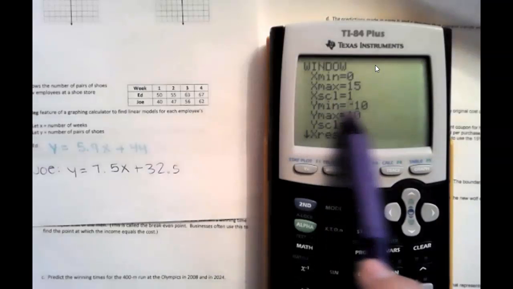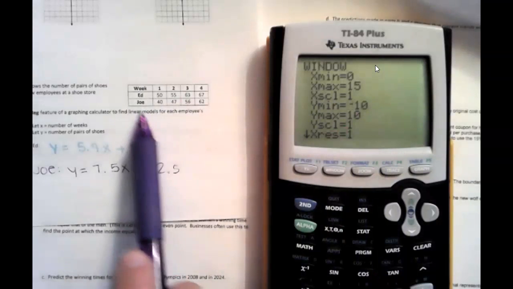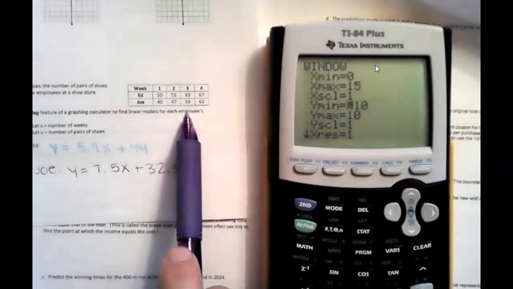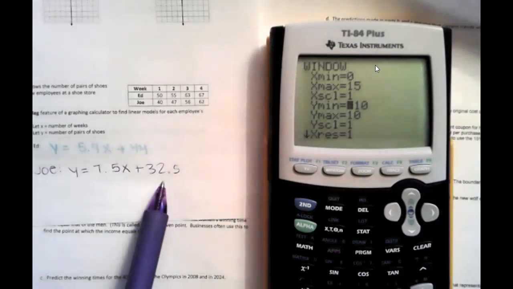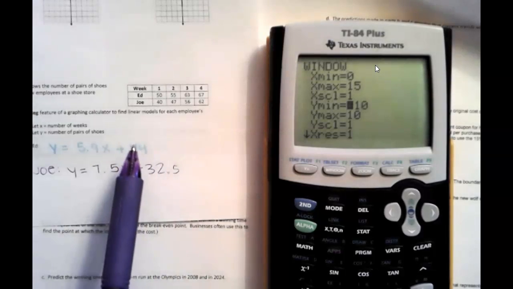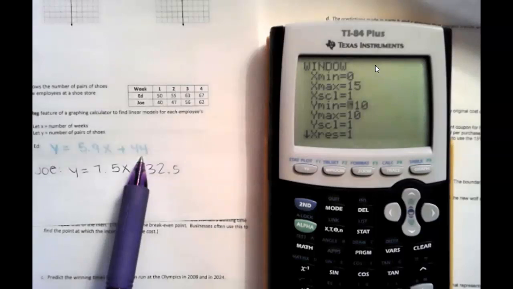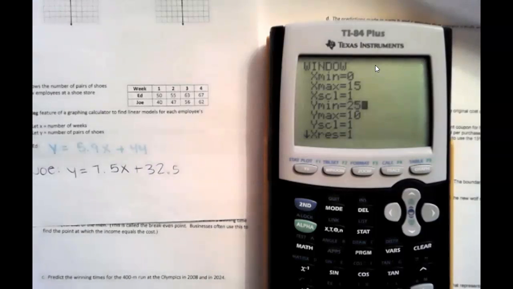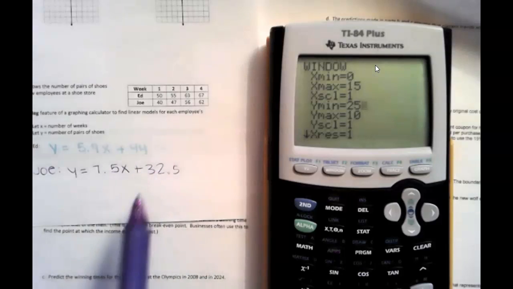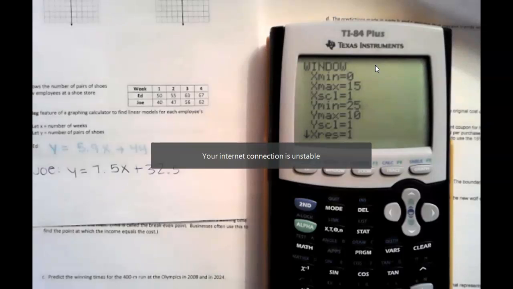And then for the Y-men, they're not going to have a negative number of shoes. Joe's y-intercept is 32 and Ed's y-intercept is 44. So I'm going to start my y values at 25, just a little bit below those y-intercepts, because we know the graphs aren't going to go below that anyways.